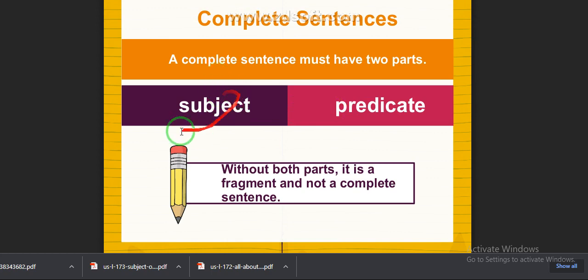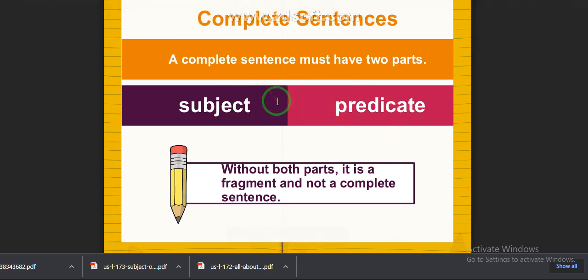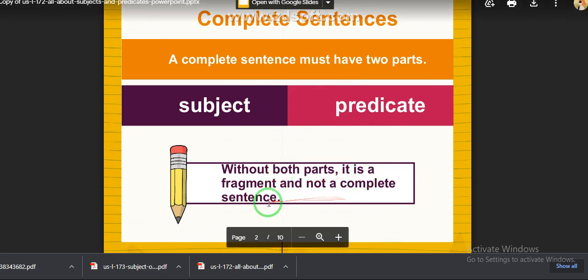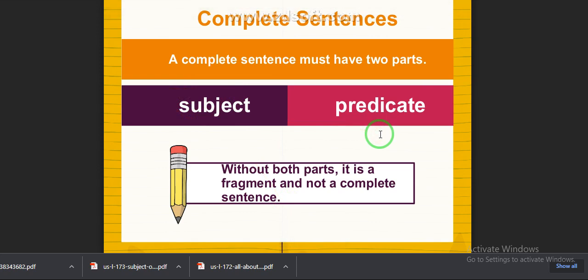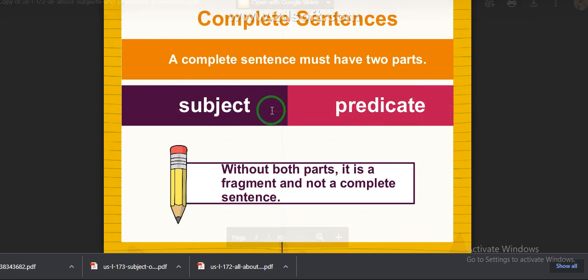So a sentence must have a subject and a predicate. Without both parts, it is a fragment and not a complete sentence. If there is only a subject without a predicate, it's a fragment, not a complete sentence. Or if it only has a predicate without a subject, it's a fragment, not a complete sentence.